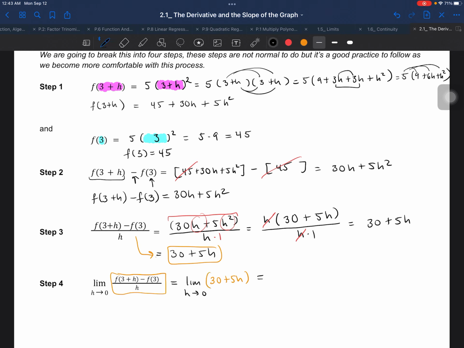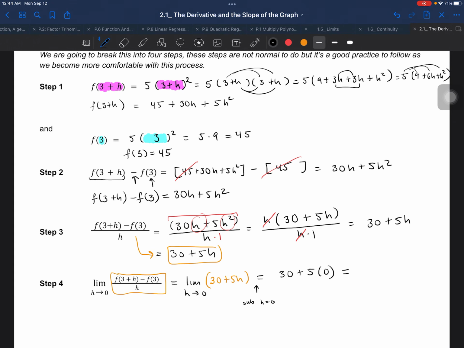And now once you do that, that's the time for us to apply the limit. Remember what we said, when you apply the limit it's a direct substitution of h with 0. So wherever you see an h, replace it with a big 0.